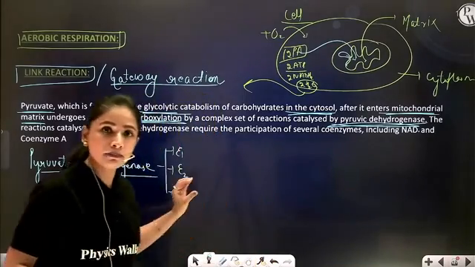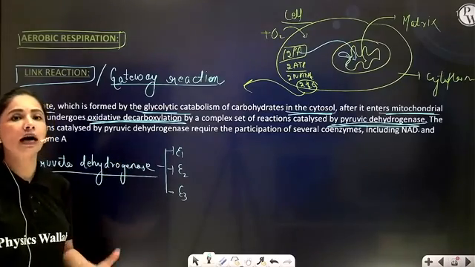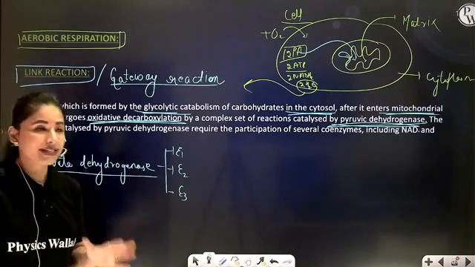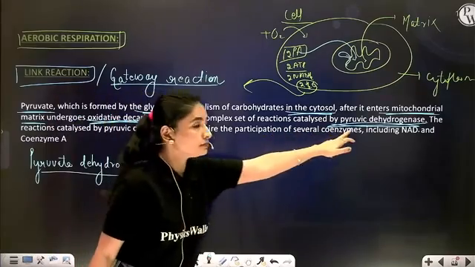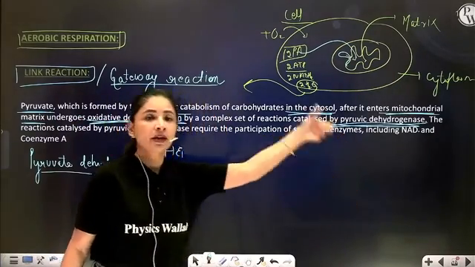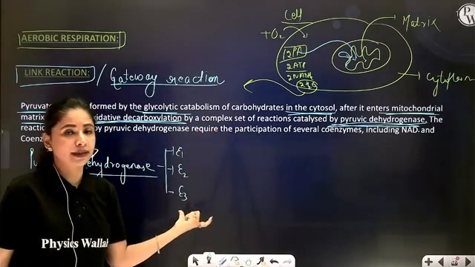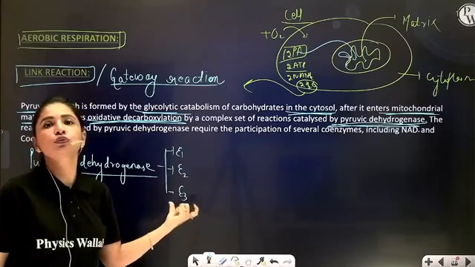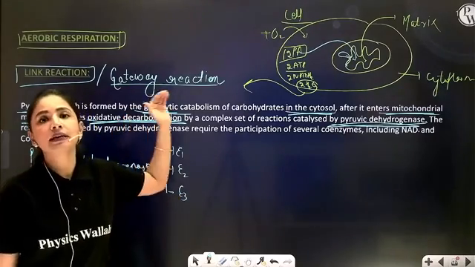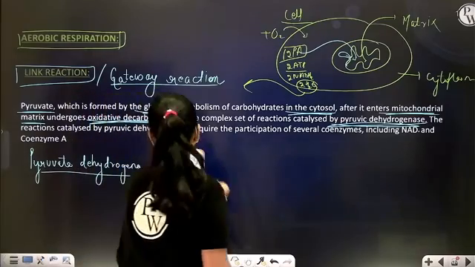And each subcomponent of this enzyme has some or the other role. So we say that pyruvate dehydrogenase is a complex enzyme made up of 3 subcomponents, and each subcomponent has some or the other role to play during the link reaction. Have you understood this much?